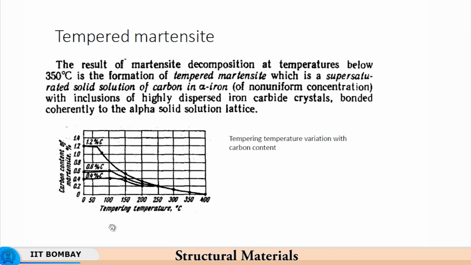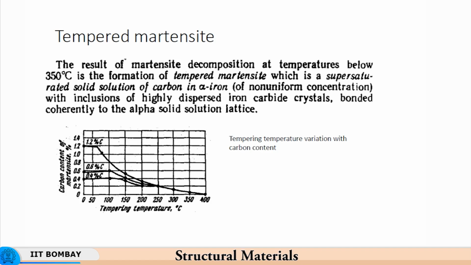The martensite will decompose at temperatures below 350 degrees centigrade and form tempered martensite, which is a supersaturated solution of carbon in alpha iron. The reason why it is a supersaturated solution is because no diffusion is possible while the martensite is formed.